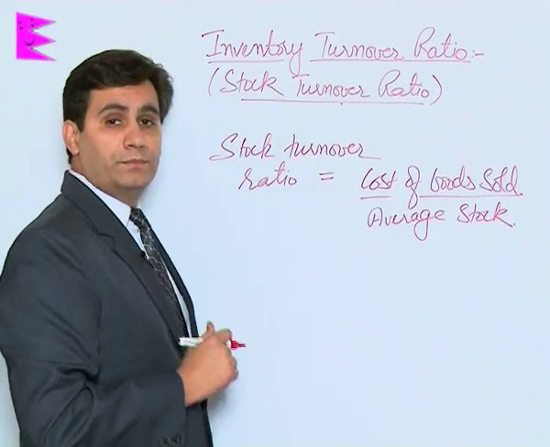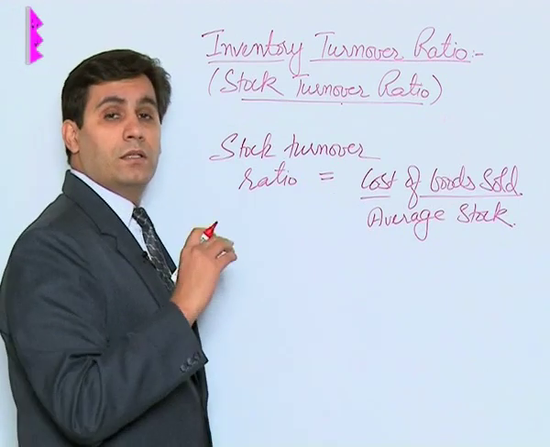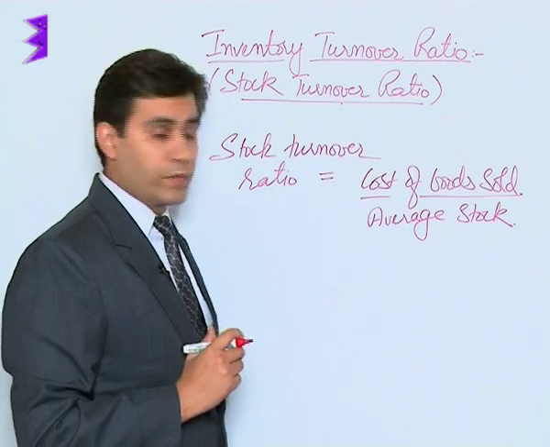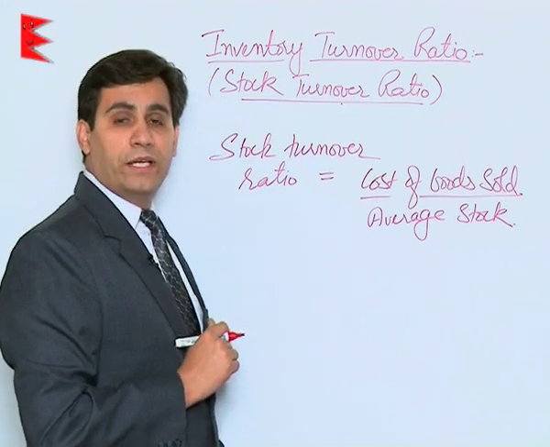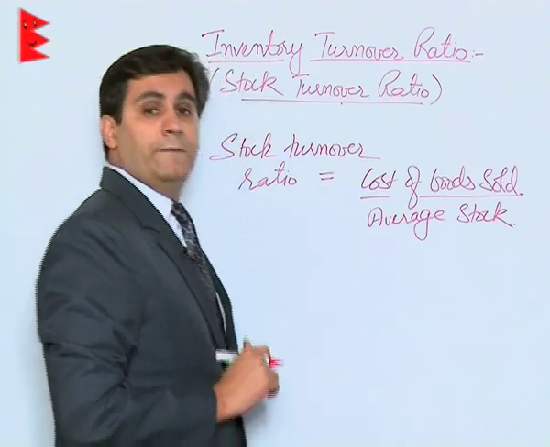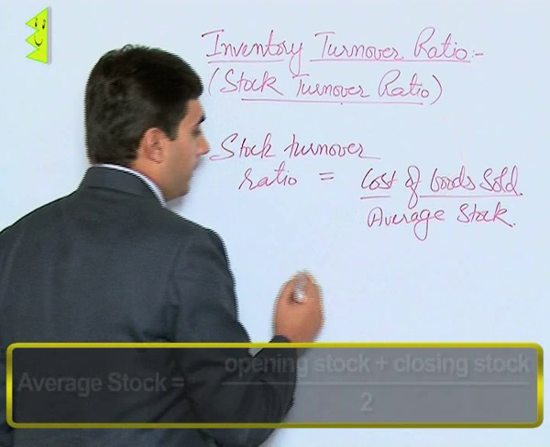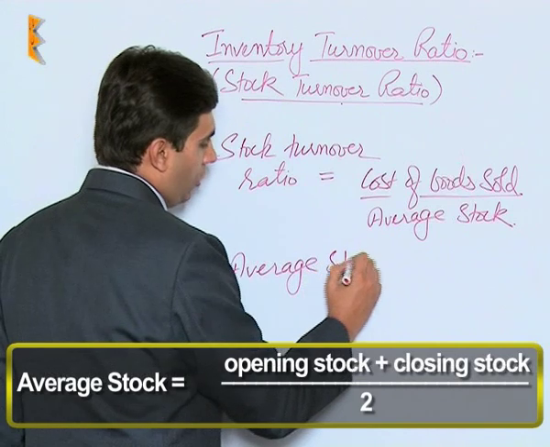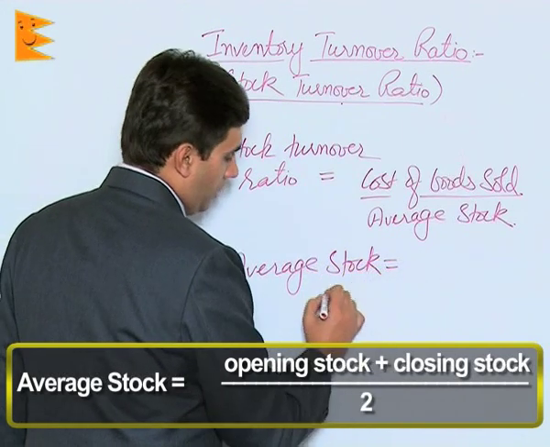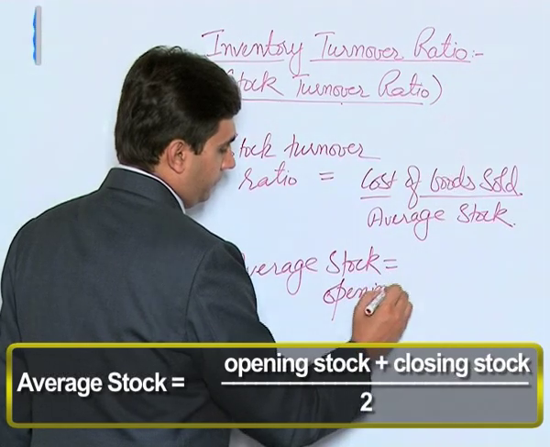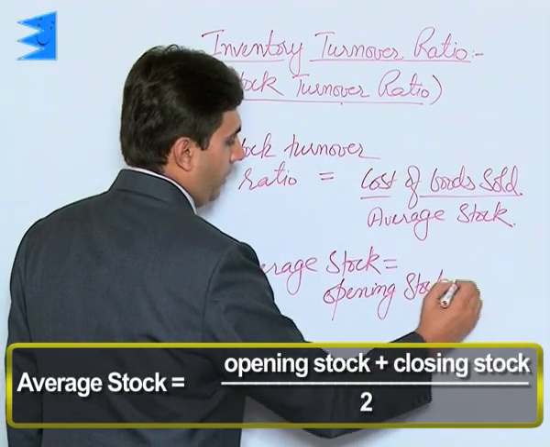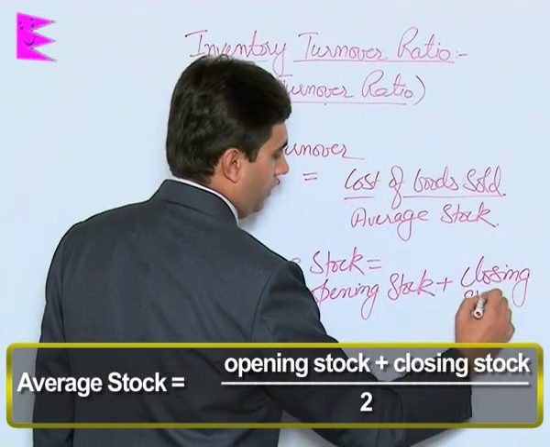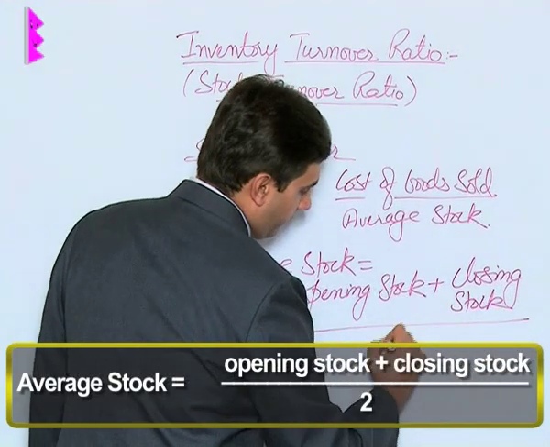Now students, remember, cost of goods sold represent the cost of production, that is the direct expenses including the material cost. In cases where it cannot be calculated, this numerator can be substituted by net sales. Then how do we calculate average stock? Average stock is equal to opening stock plus closing stock whole divided by 2.